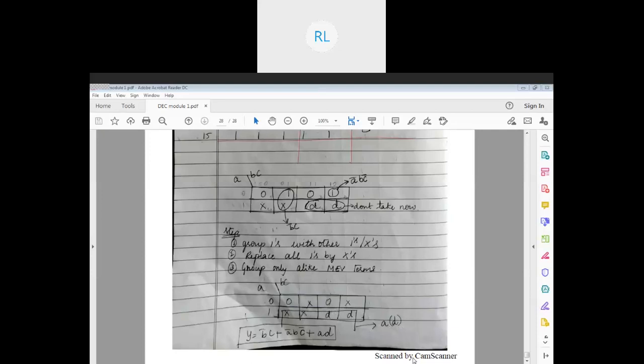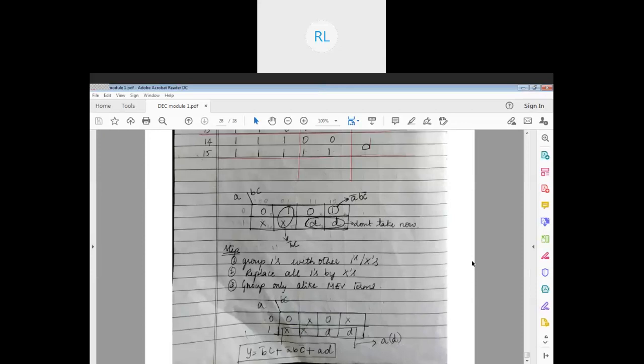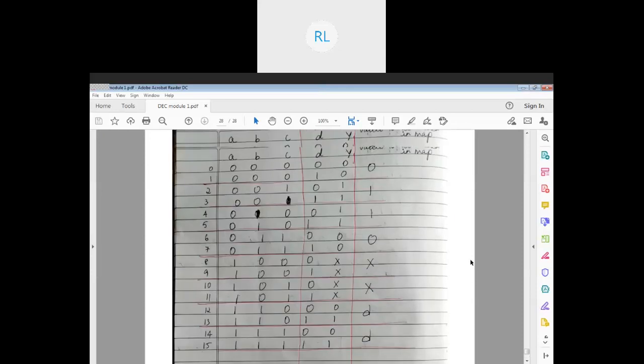Because A I get here, and D is inside. So AD I get from here, B bar C I get from here, and then A bar B C bar I get from here.